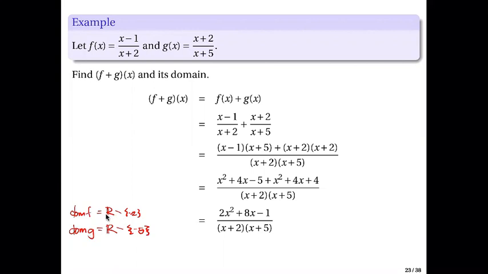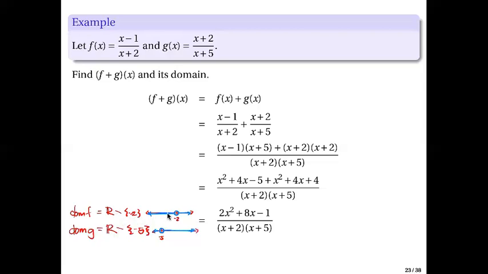So in here, let's draw that. For this guy, you have your negative 2 here. You get all the real numbers except for negative 2. Correct? And then for this guy, this is your negative 5 here. You get all the real numbers except for negative 5. So, what's the intersection?